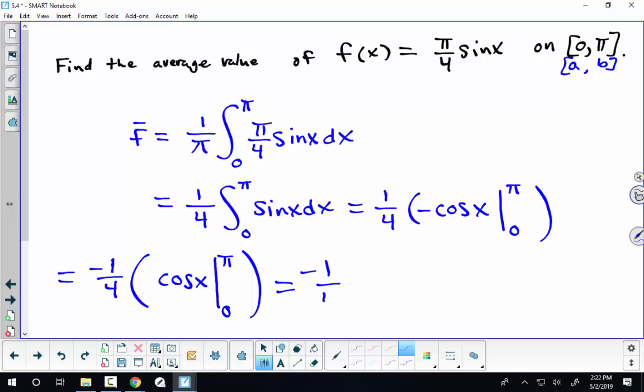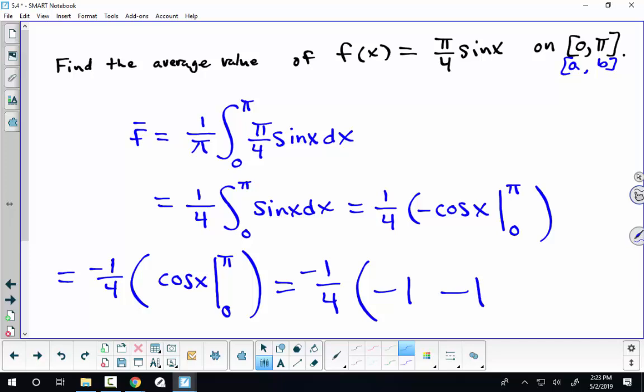Negative 1/4. Cosine of pi gives us what? -1. Cosine of pi, -1, minus cosine of 0. Cosine of 0 is 1.